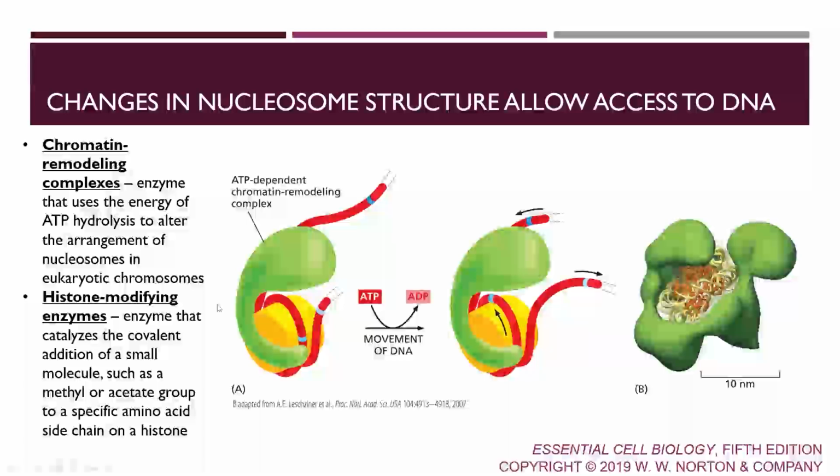And so we have chromatin remodeling complexes. These are enzymes that use ATP energy to change the arrangement of nucleosomes in the eukaryotic chromosome. These complexes are able to come in and shift the nucleosomes, here in yellow, to open up a piece of DNA, or shift them over to close it up so it's not as accessible for the genes to get expressed.